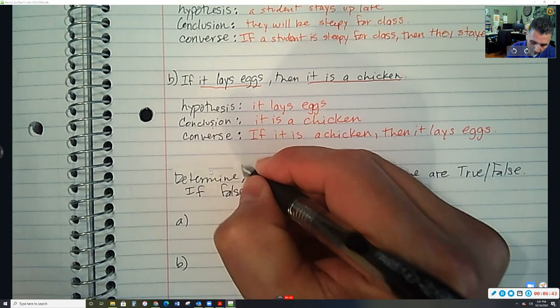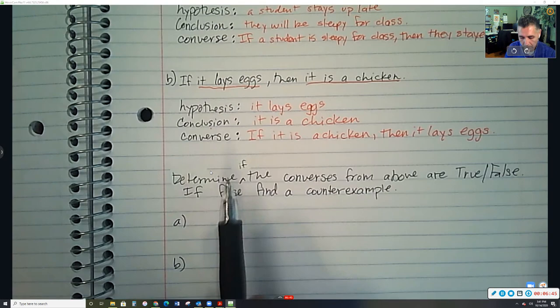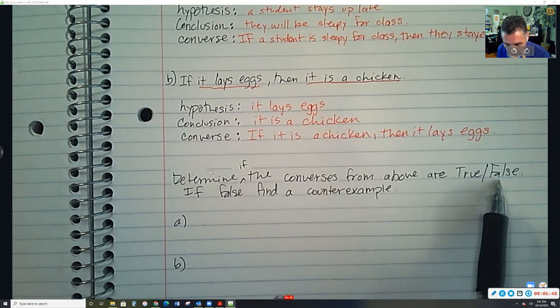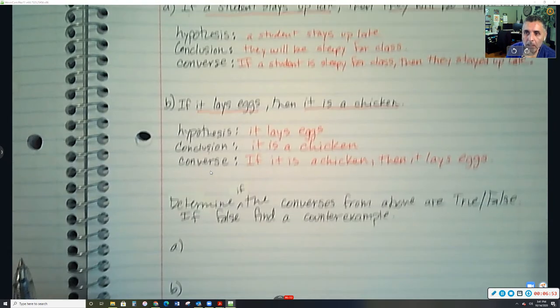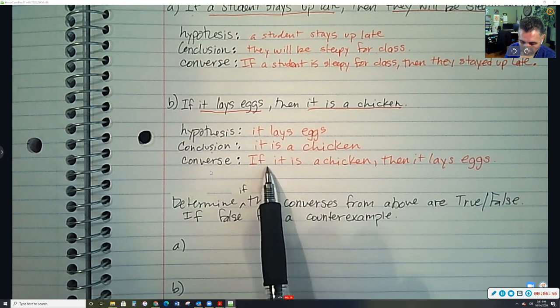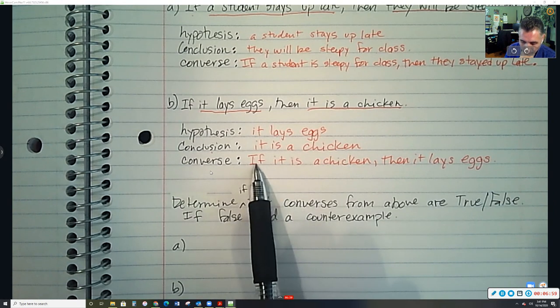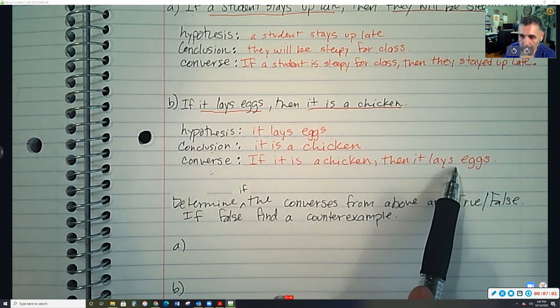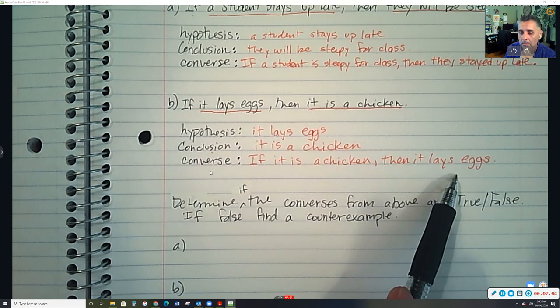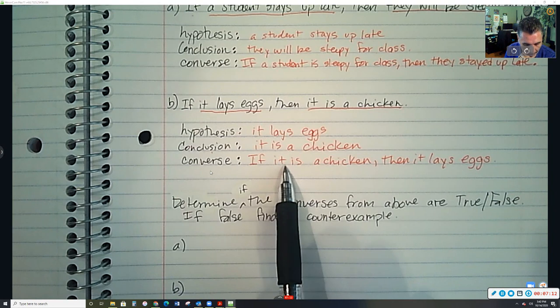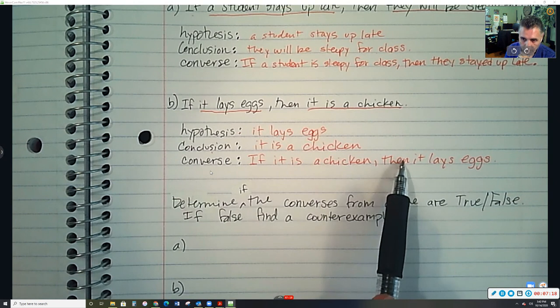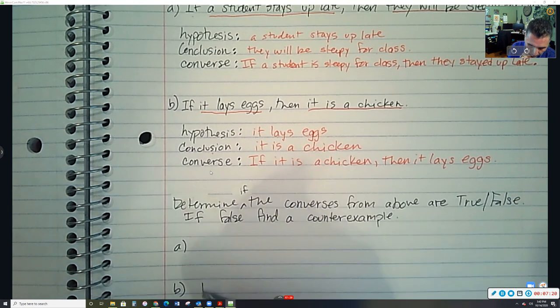Let's do B first, the B converse. If it is a chicken, then it lays eggs. I think that's true, because remember, a counterexample keeps the hypothesis true but contradicts the conclusion. So this one would be true.